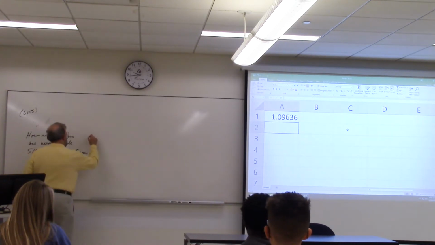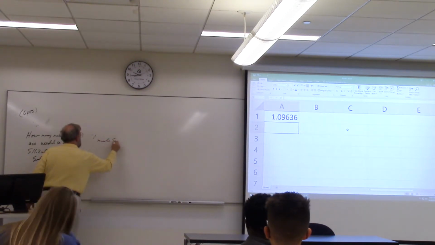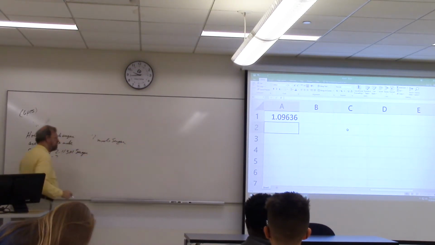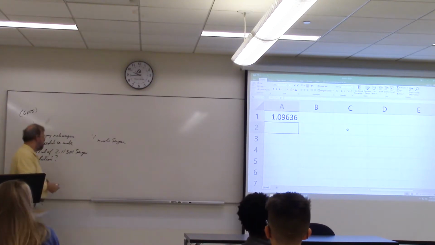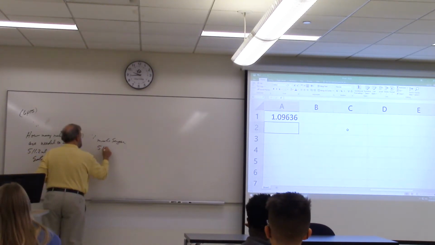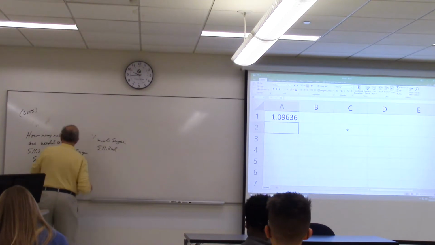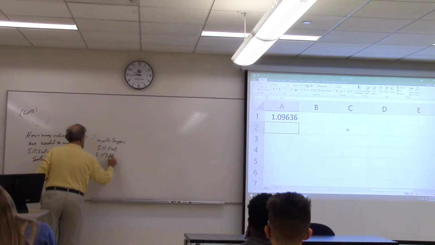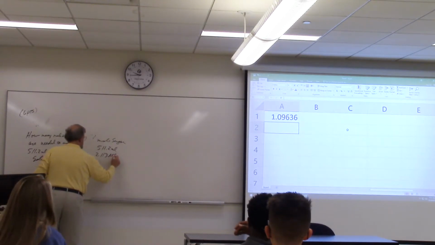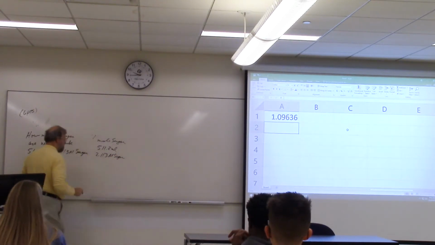All right, let's take a look at this. How many moles of sugar, that's what we're trying to find. Boy, this is a sweet problem. Look out, it's Bad Humor Monday. Are needed to make 511.2 milliliters of a 2.113 capital M sugar solution.